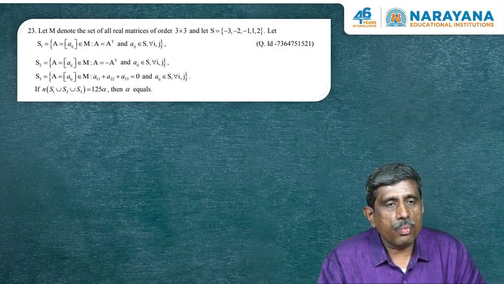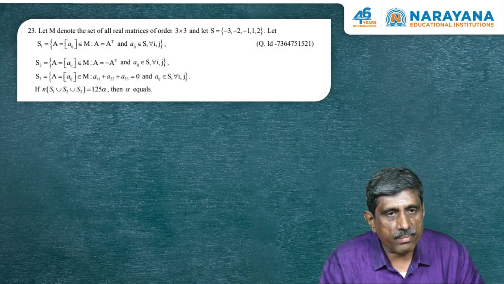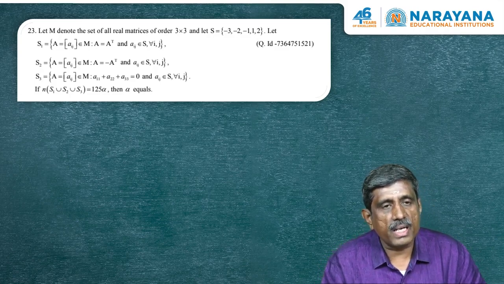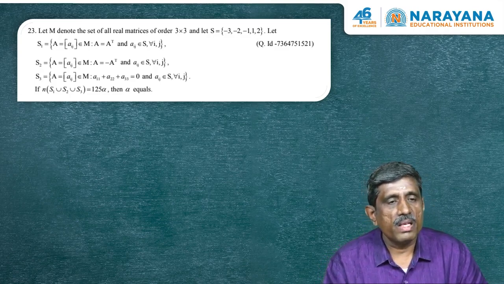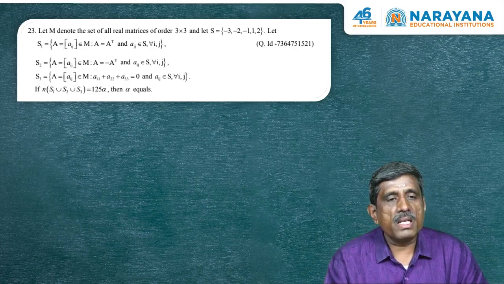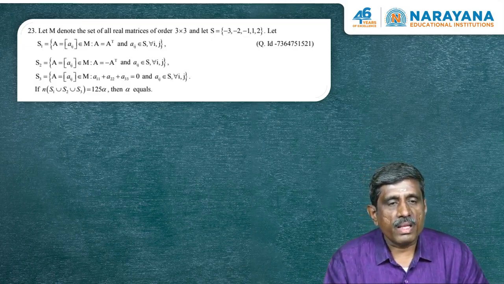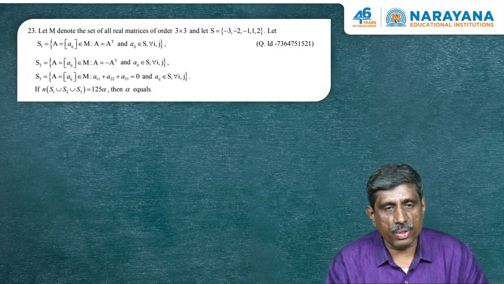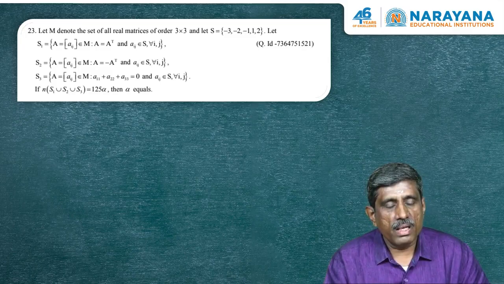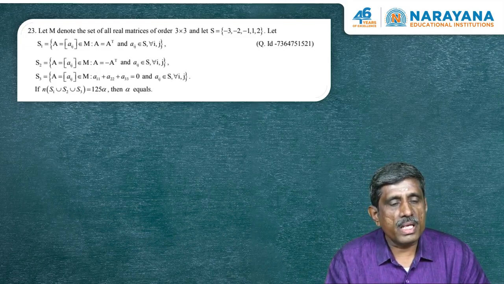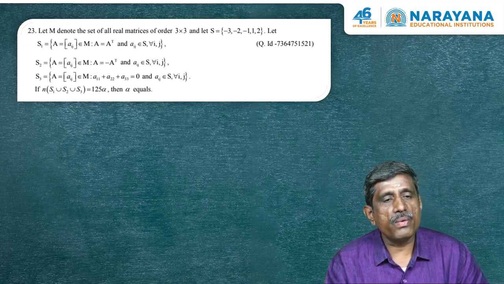We have one set of matrices S1 such that A is equal to A transpose, symmetric matrix. S2, A is equal to minus A transpose, skew symmetric matrix. S3, A11 plus A22 plus A33 is equal to 0, trace is equal to 0, that is S3. If n of S1 union S2 union S3 is 125 times alpha, what is alpha is the question.